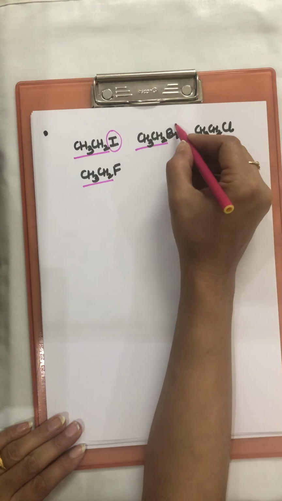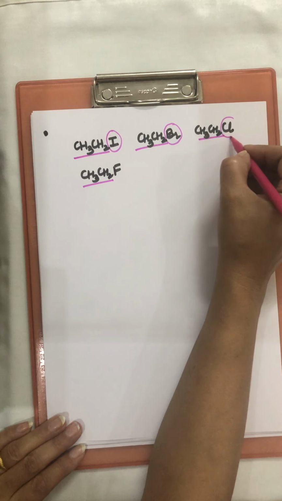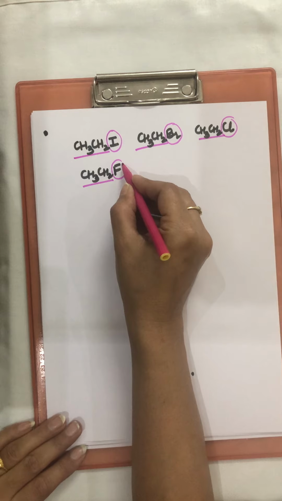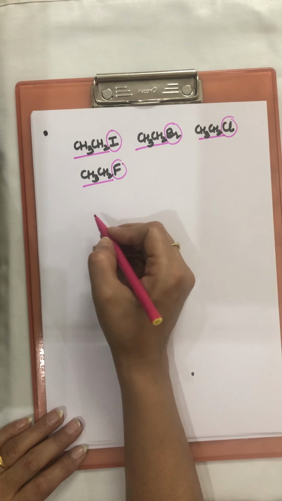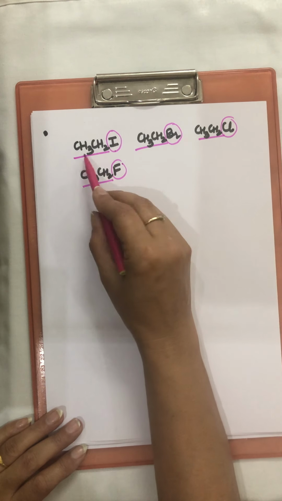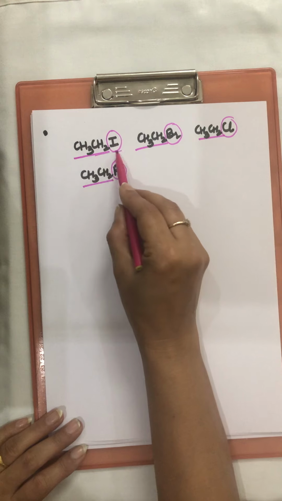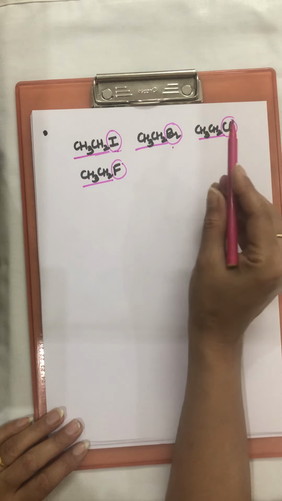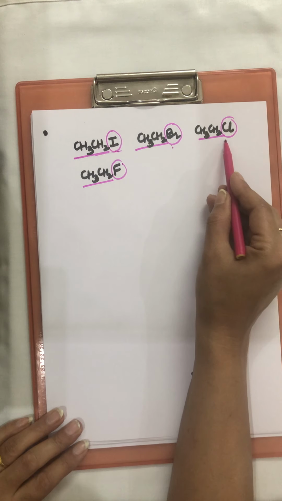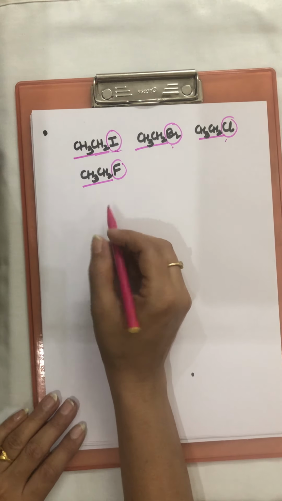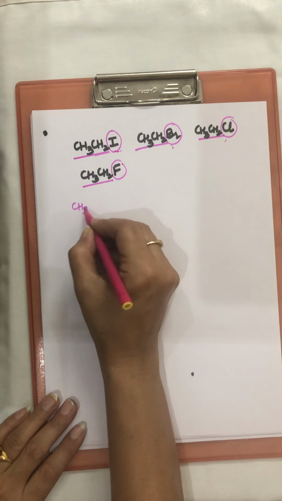Here we have iodo, bromo, chloro, and in this compound fluoro. The magnitude of van der Waals forces increases with increase in molecular mass. So because of iodo, the molecular mass of this compound is more than the compound with Br, and this one will have more than that of Cl, and this one will have more than that of fluoro.